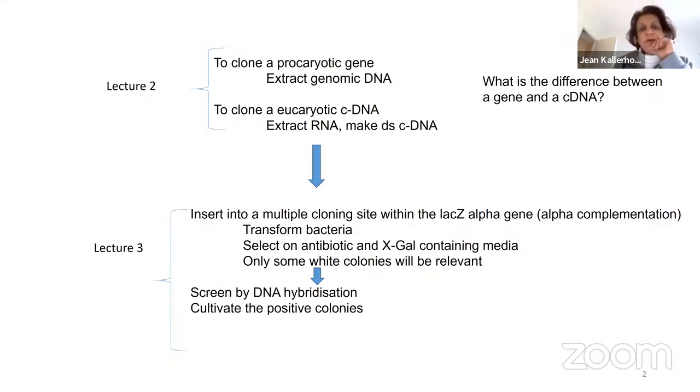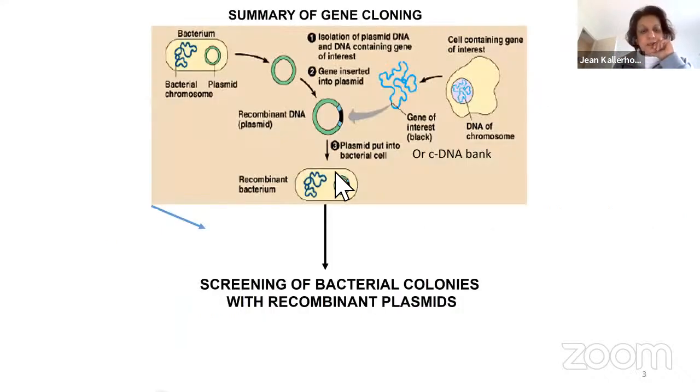So this is what we learned last time. We have a bacterium with a plasmid, and within this plasmid, we are going to insert a gene when it is a prokaryote, or a cDNA when it is a eukaryote, into this plasmid.